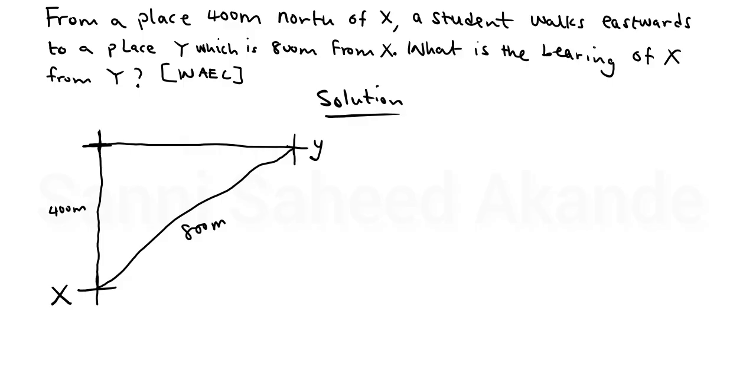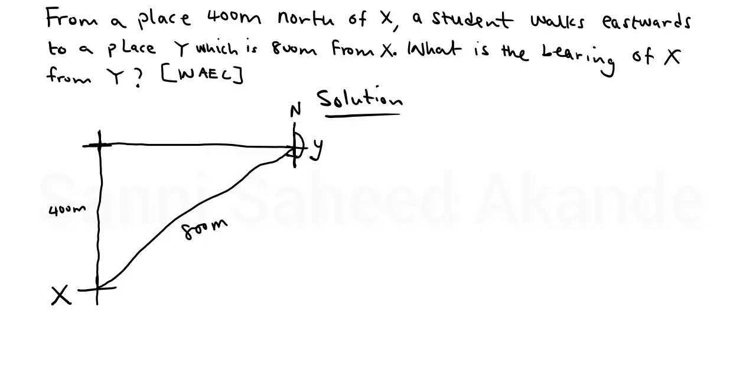Now, let me quickly show you what we are going to do in order to get the bearing of X from Y. So this is point Y, and we always start the bearing from the north. So this is north, and you are going to move from here. If you move down to this point, that is 180 degrees. Then if you move again, you are going to touch the line that leads to point X. So at this point, you are going to get the bearing of X. All right.